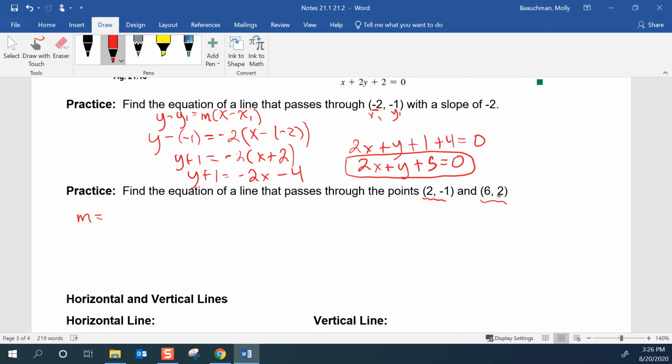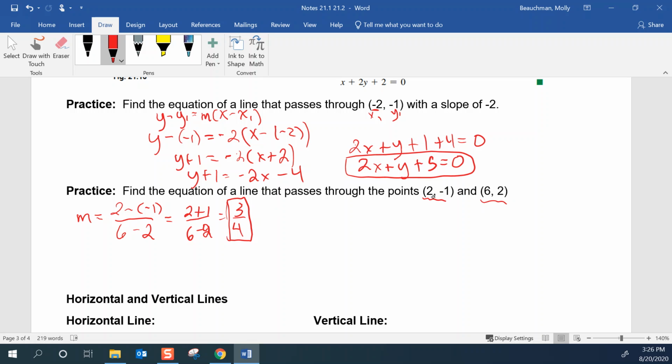Slope is equal to the difference in y-coordinates, 2 minus -1, divided by the difference in x-coordinates, 6 minus 2. So I end up with 2 plus 1 over 6 minus 2. 2 plus 1 is 3, 6 minus 2 is 4. So the slope is 3/4.